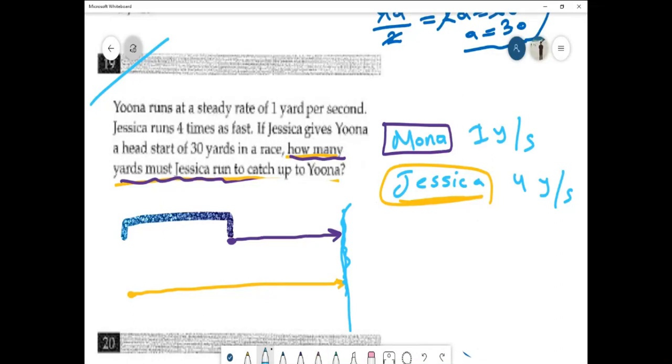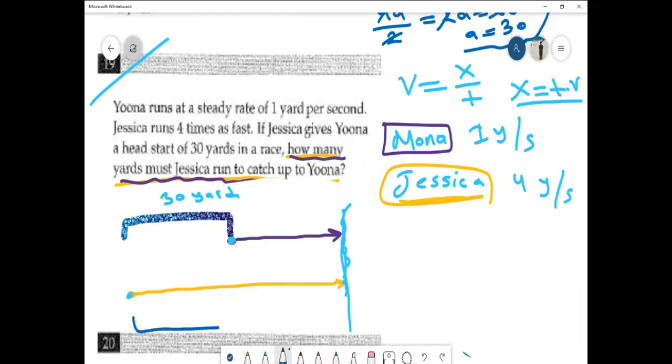At an instant, they will be at the same spot. That means after, let's say, x, Jessica will catch up to Mona. Jessica will give Mona a head start.